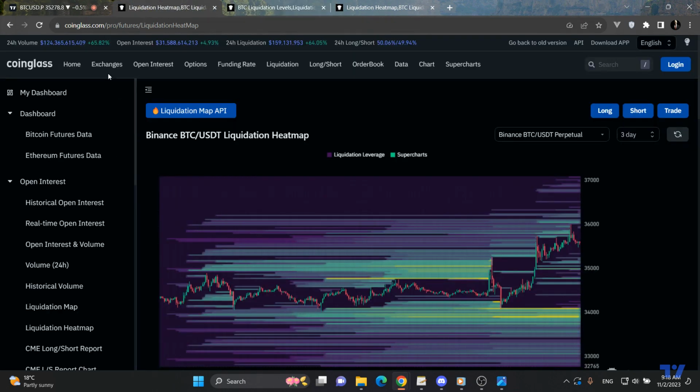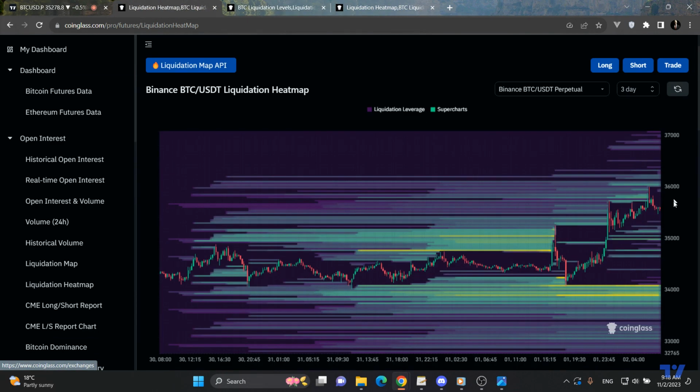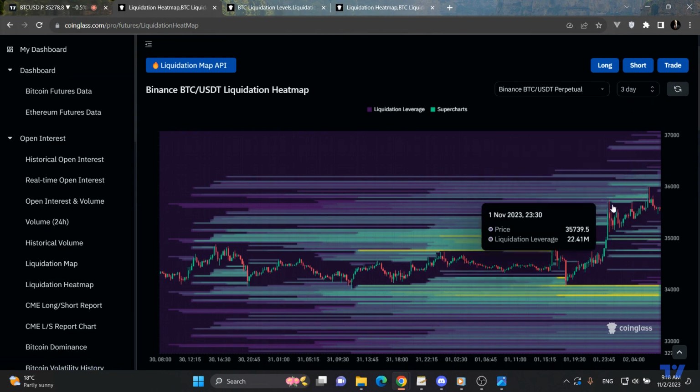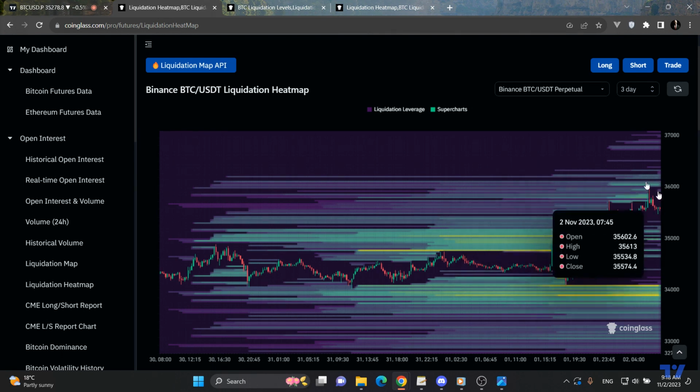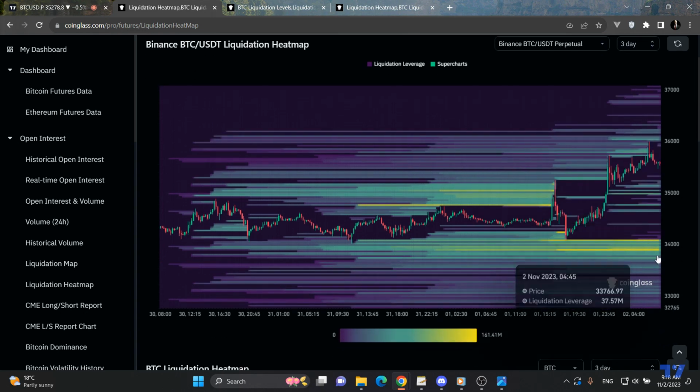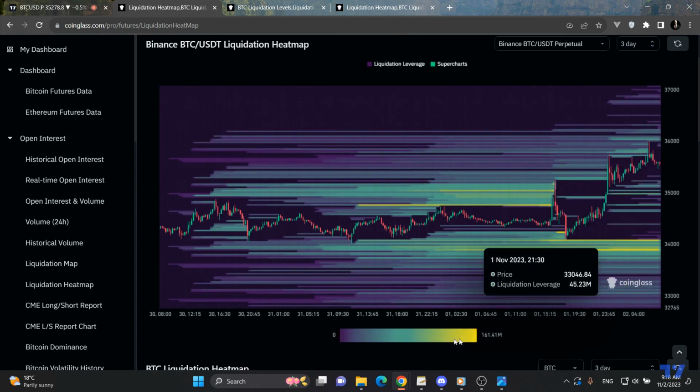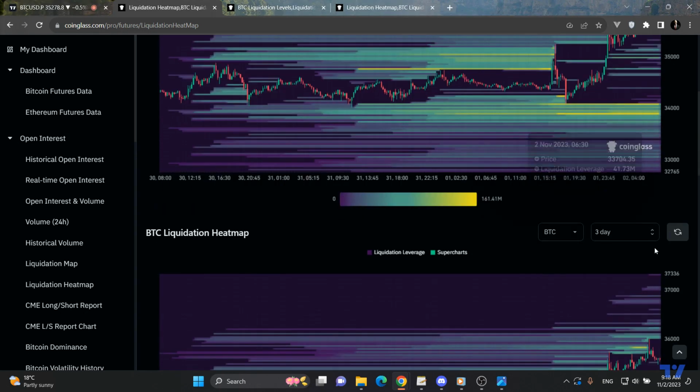Now, again, this heat map kind of shows the 3 days, and we kind of removed most of the spread of the liquidity. To the downside, we still have some remaining. The highest one on the 3 days on only Binance is this one, or actually this one.